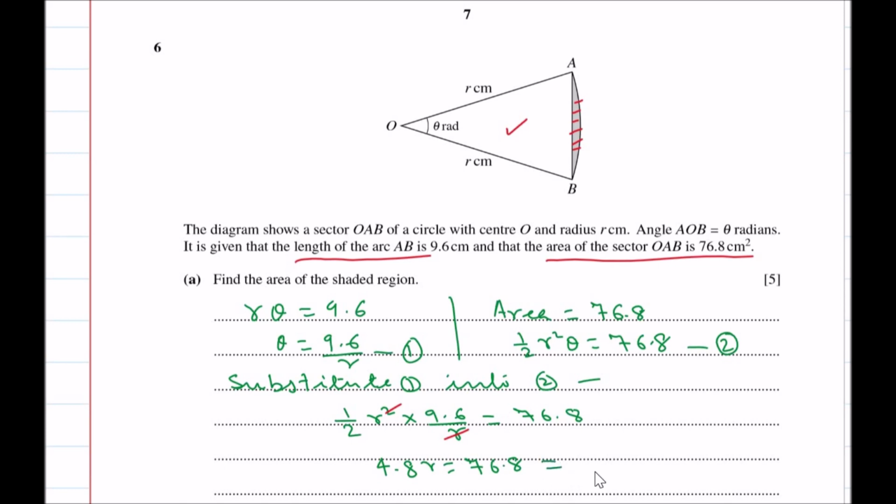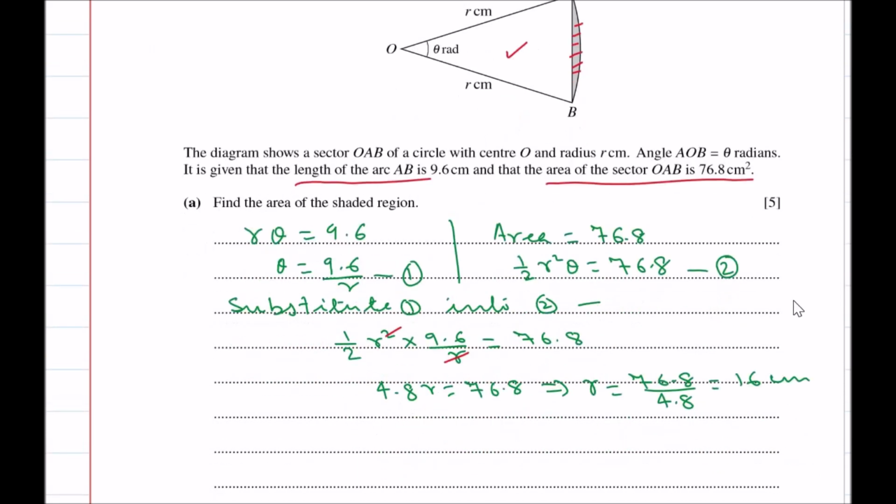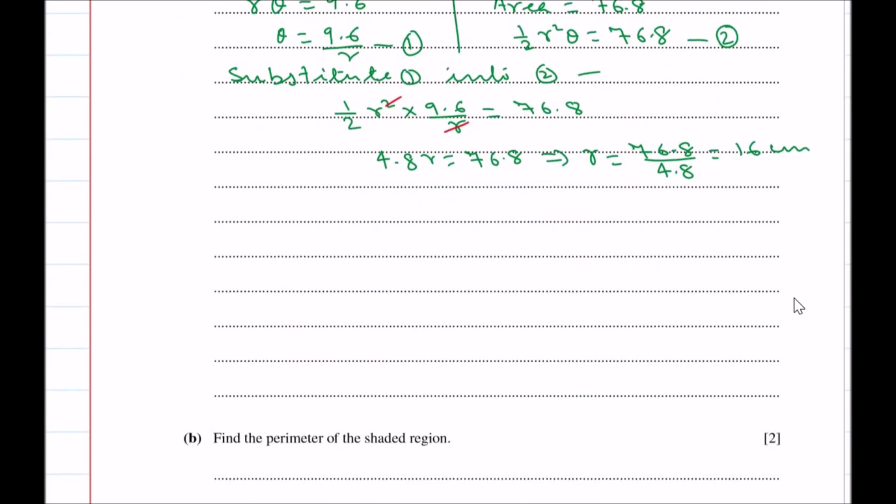This implies that r equal to 76.8 divided by 4.8 and we get r equal to 16. So r equal to 16 centimeter. So we got r. Now we can find theta also.